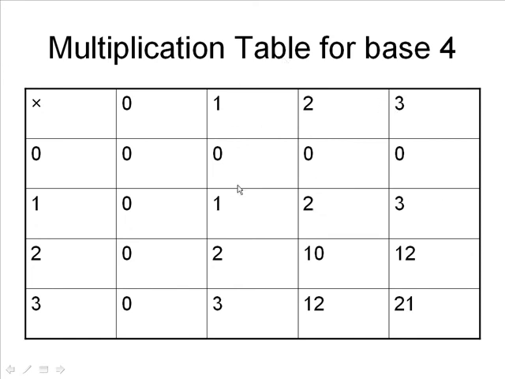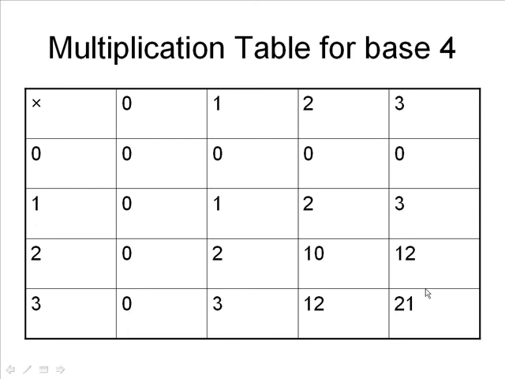The same for the third column. In the fourth row, 2 times 2 is 4, and in base 4, 4 is 10. And 2 times 3 is 6, which is 12. And 3 times 2 is 6, so it's also 12. 3 times 3 is 9, which is 2 fours plus 1, so 21.